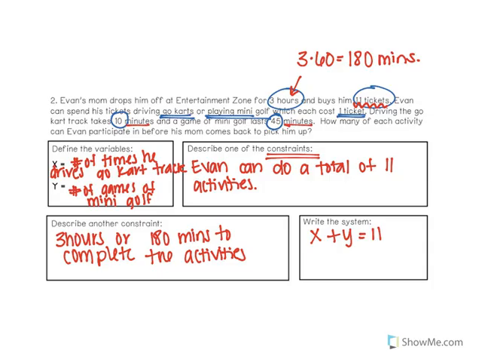We know that the go-kart is 10 minutes, so that has to go with the x. So we would do 10x for those minutes, plus the 45 minutes for the mini golf. So 45y has to be a total of 180 minutes. So now we've identified our variables, we've written our constraints, and we've identified our systems of equations. Let's continue.